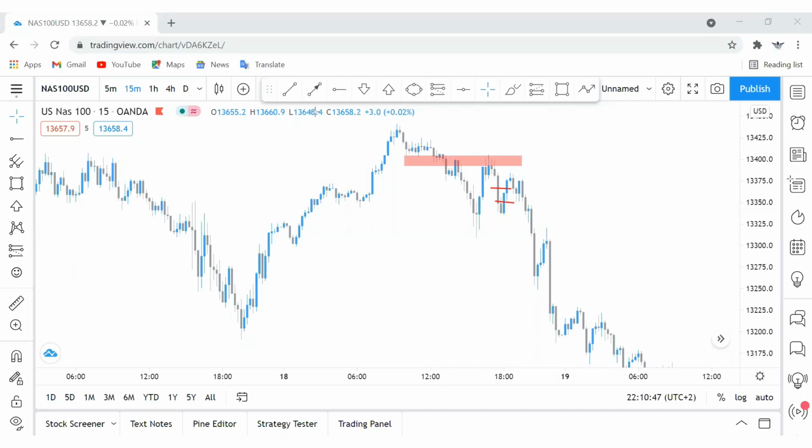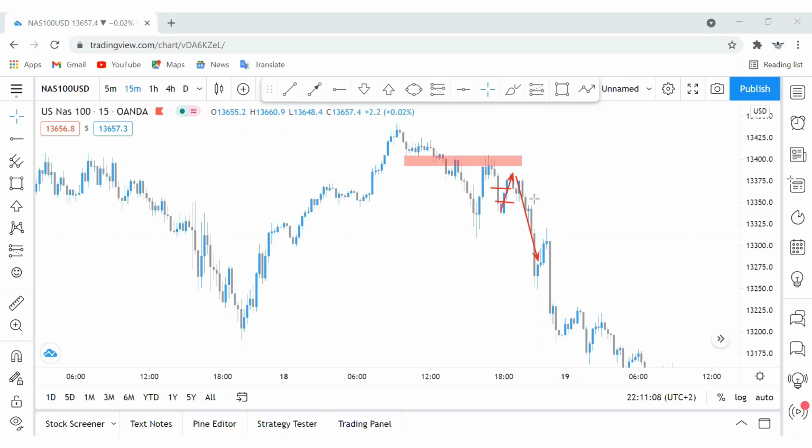If you execute a trade right there, you will be in a serious drawdown, but yes, you're going to be in profit. That's why I want to trade with the trend, because even if I'm in a drawdown, I still have a high chance of getting that trade right.